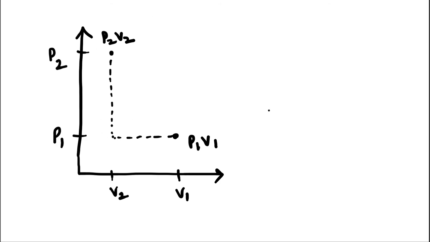So we follow path 1 as it is. Next, what do we do? We reverse path 2. That is, we go from here to here. So the area under the curve is this one.